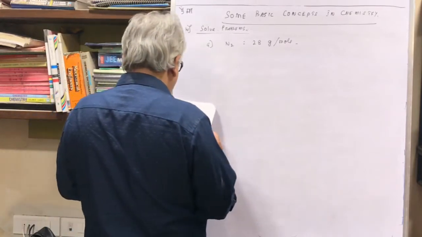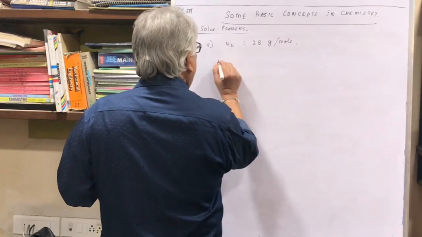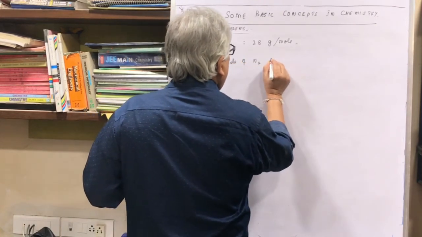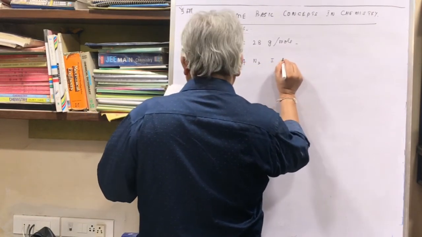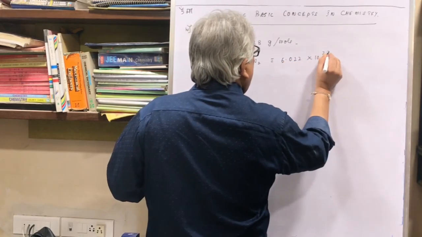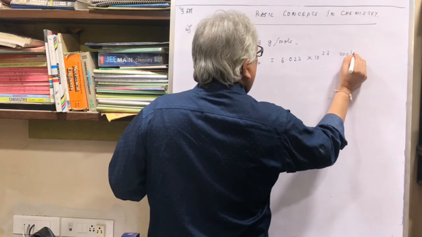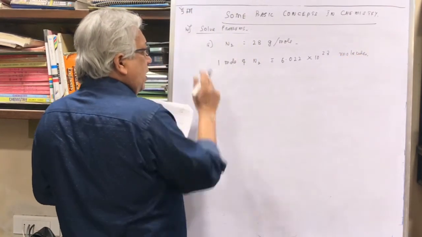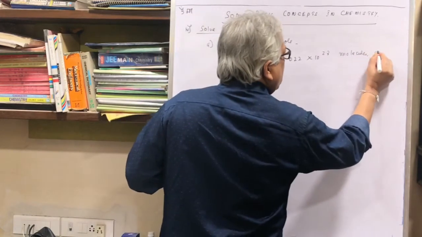Now, 1 mole of N2 corresponds to 6.022 into 10 raised to 23 molecules, but each molecule of N2 is made up of 2 atoms.